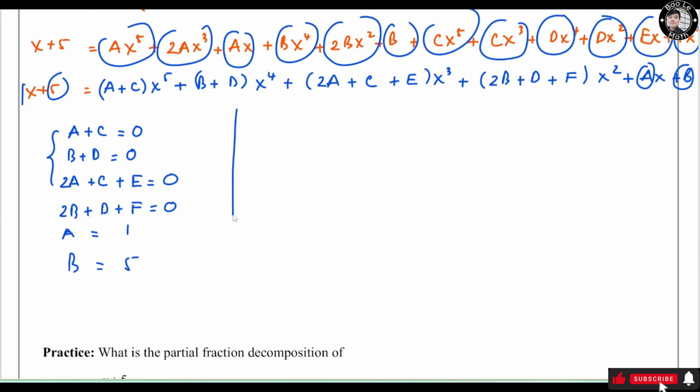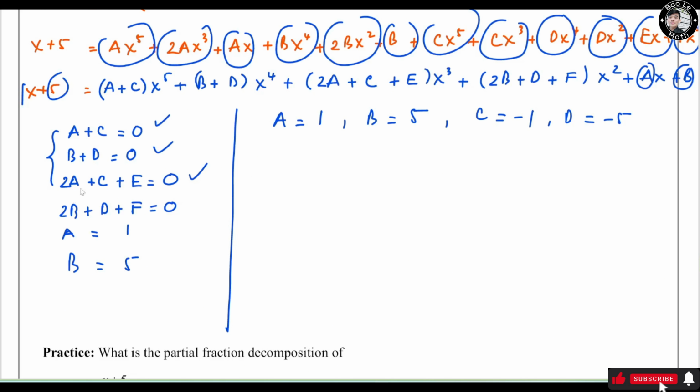Now we're going to solve this. a equals 1, b equals 5. Substitute 1 for a into the first one, so we have c equals -1. Substitute 5 for b into the second one, so we have d equals -5. Substitute a and c into this one to solve for e.